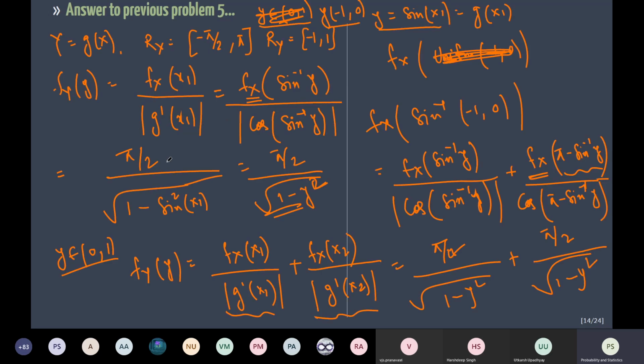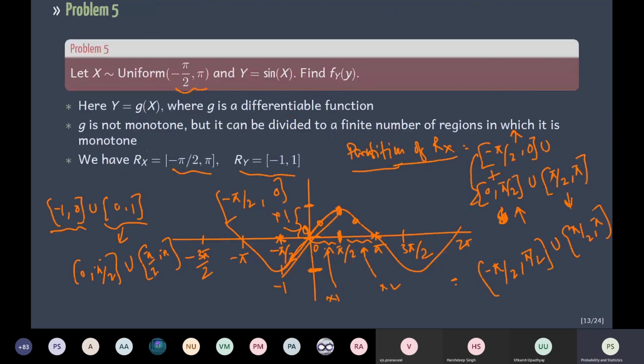So we believe that we have done it in a good way. How did we go about this? We divided the range into two parts, and within the range we looked at wherever the function was increasing or decreasing. From here to here we break the y, and we found that it's increasing from 0 to 1. We found that there are two parts of x where one part is increasing and one part is decreasing.